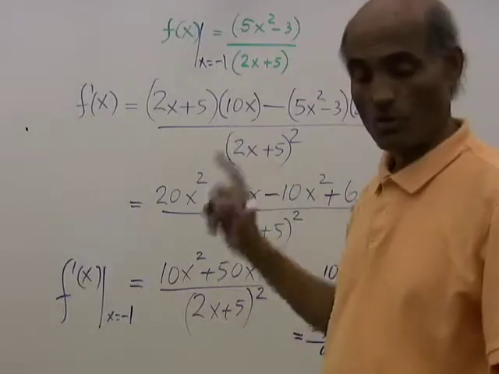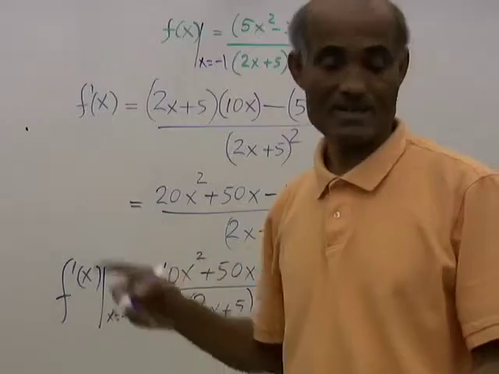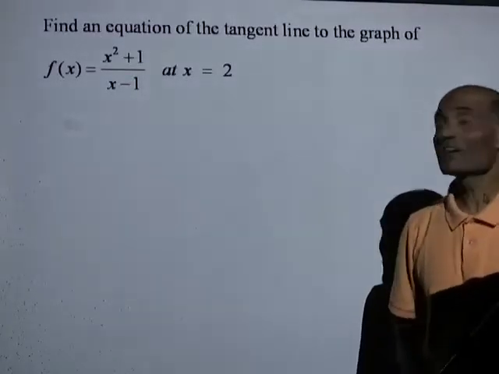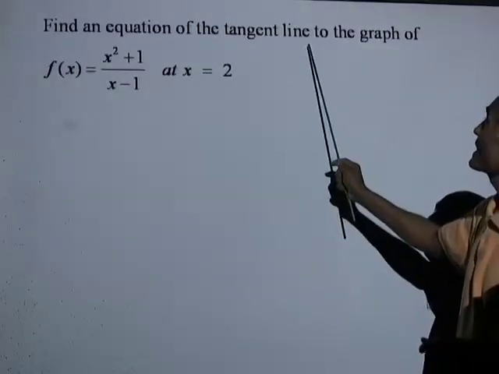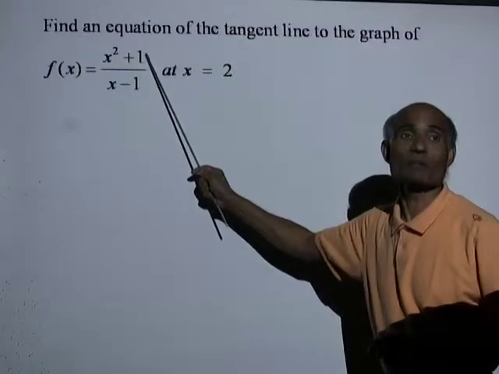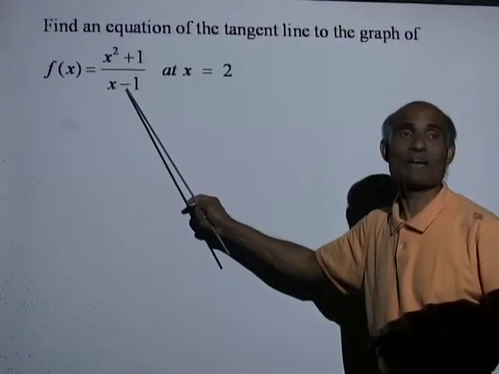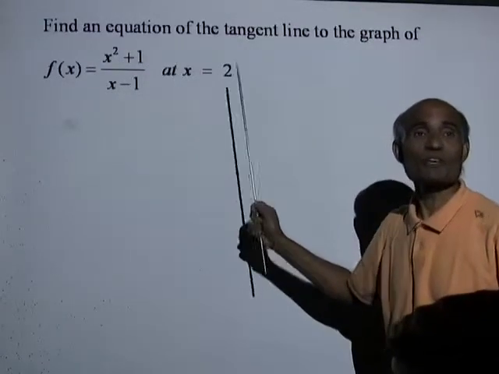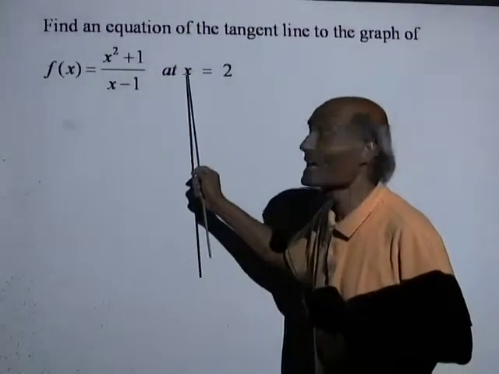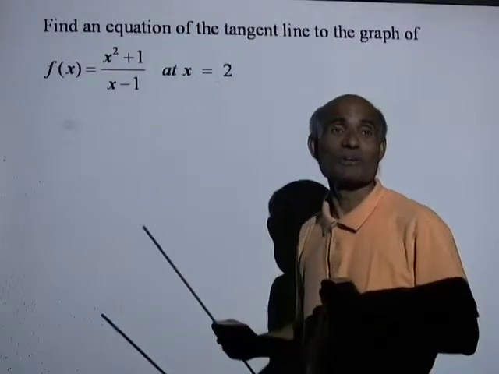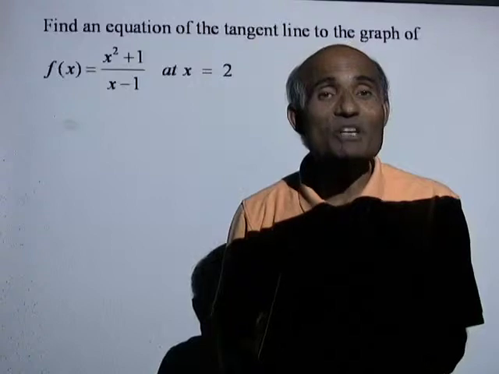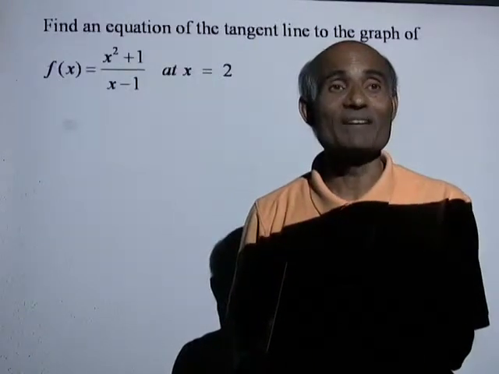Alright, let's practice one problem like this as we go on. Let's try this problem. Find an equation of the tangent line to the graph of f of x equal to x squared plus 1 divided by x minus 1 at x equal to 2. Tell me, what is the information you need to find the equation of a tangent line?